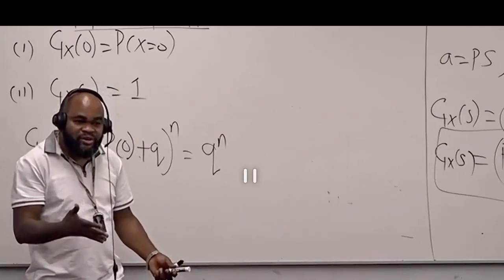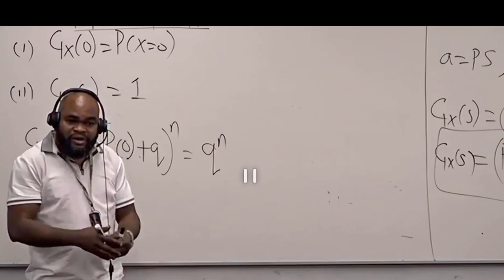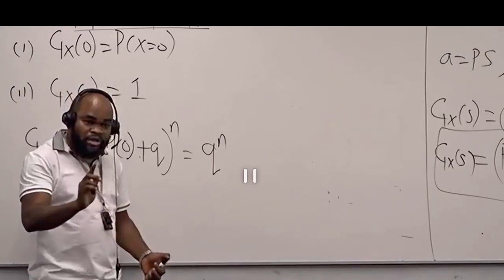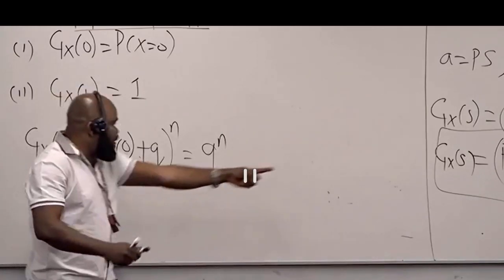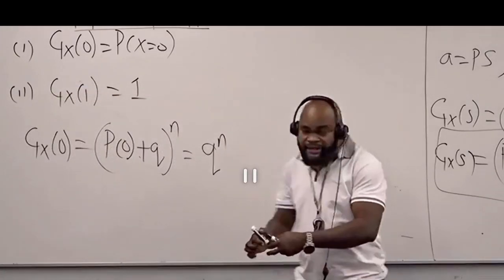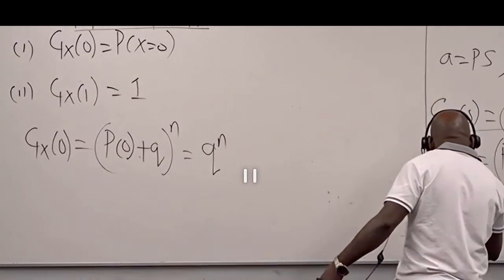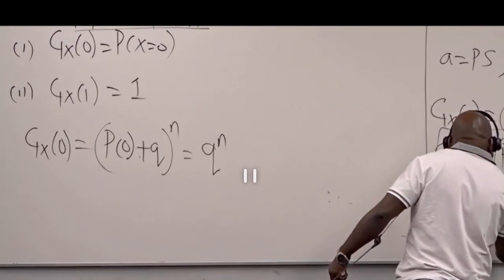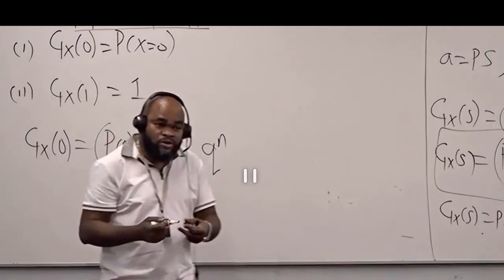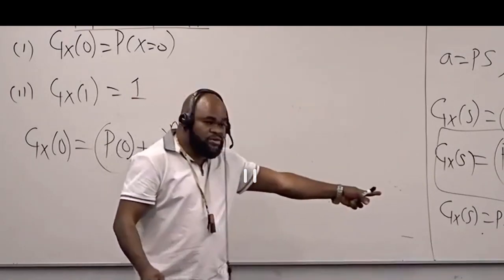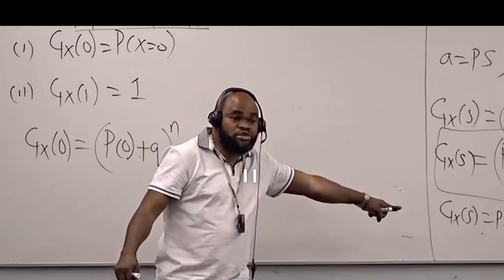You remember? Failure. If I consider one Bernoulli process, for binomial, automatically for Bernoulli, it's going to be this, right? There's no exponent, because n is going to be 1. If I plug in 0, what am I going to have here? q.